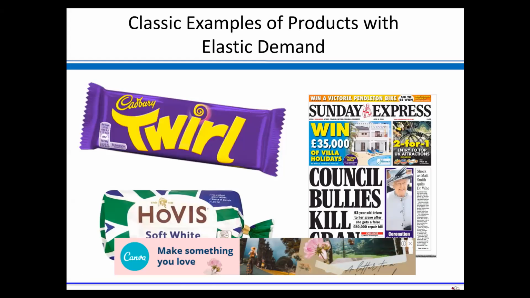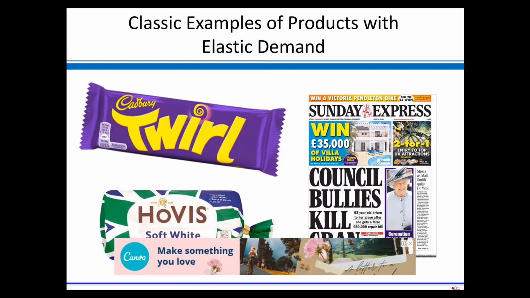So let's look at a couple of examples of products that have elastic demand, i.e. more than one, and tend to be products where there are lots of alternatives and it's easier to switch. So if Cadbury Twirl increases prices by 20%, chances are I'd be looking for an alternative, maybe a Twix, maybe a Mars bar.